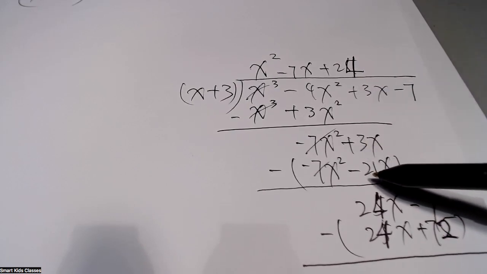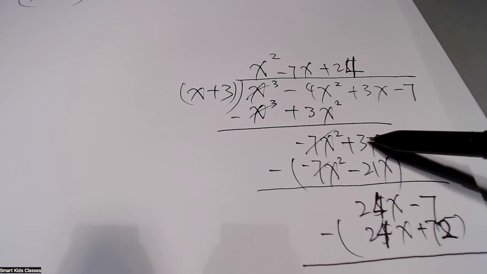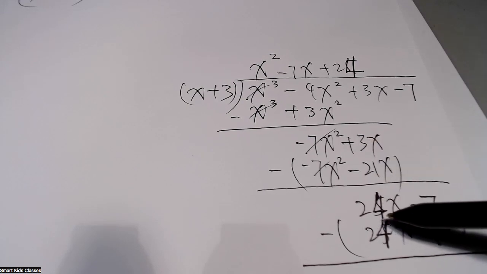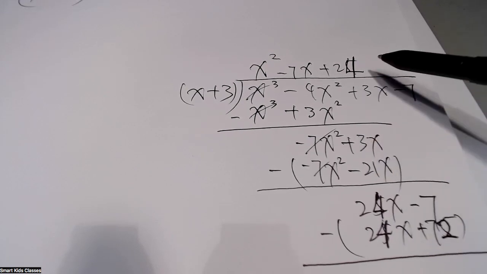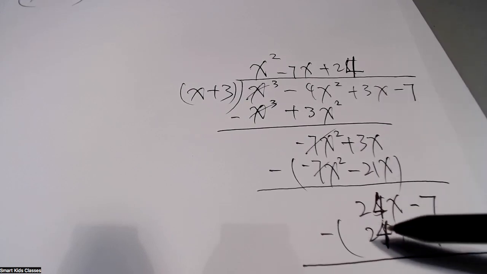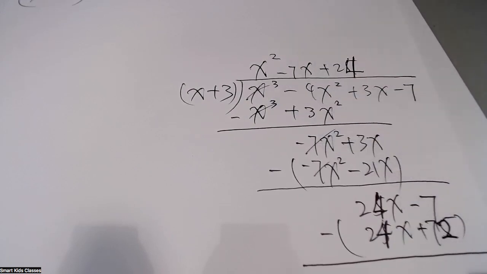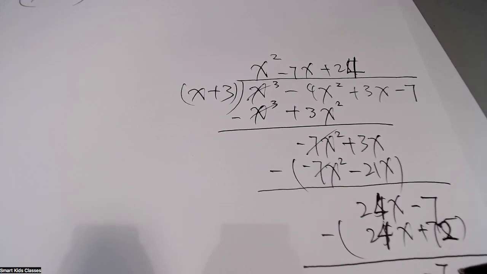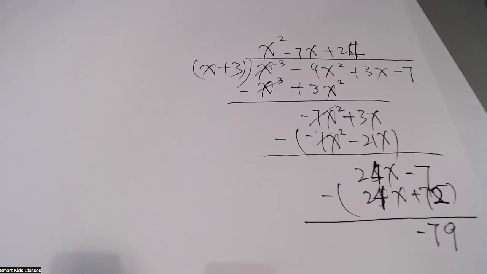Because 21 add 3, we get 24. It's not 25, so I change it. And then 24 times 3, I got 72. Negative, positive, I got negative. And their sum will become negative 79, which is the remainder.